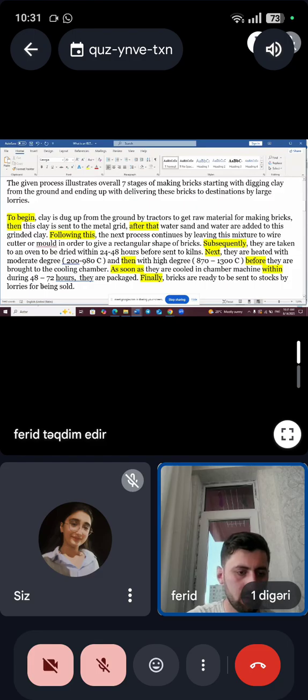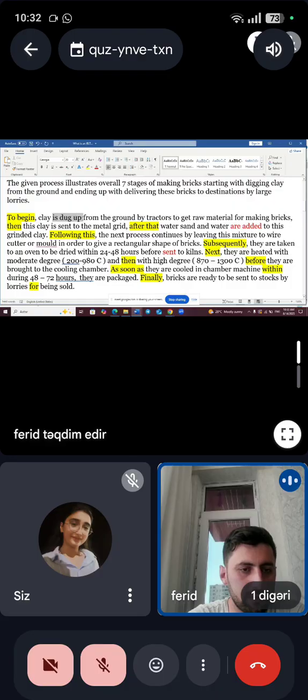I used a lot of linking words and conjunctions. I also used passive voice. All the sentences are in passive voice.